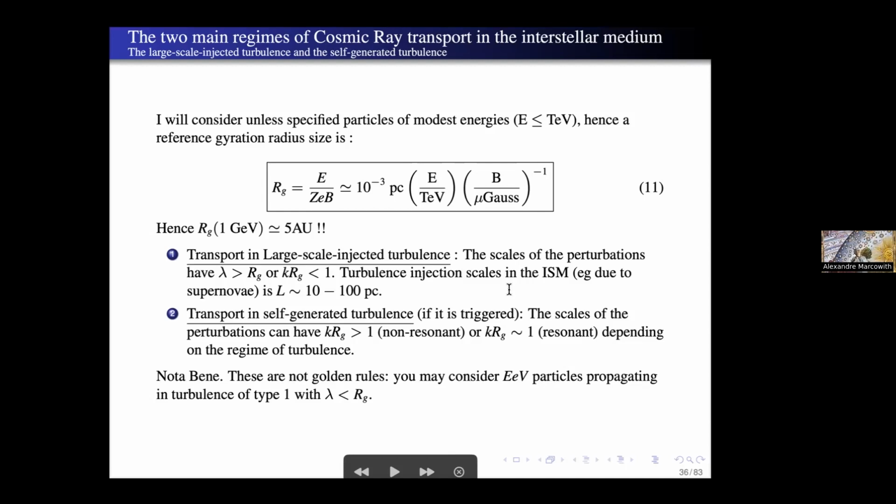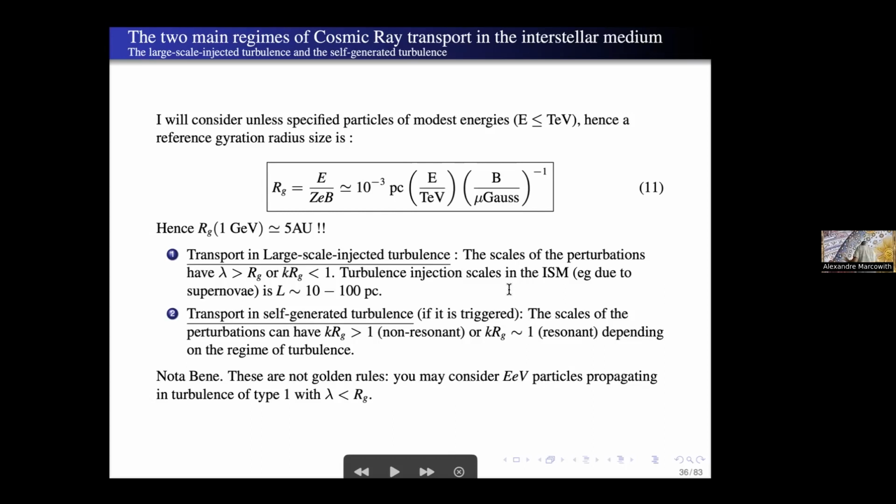But GeV cosmic rays have a Larmor radius, in 1 microgauss, of about 5 AU. This is very, very small at the interstellar medium scale. So the tricky part is to have fluctuations at this scale. It's not obvious in the mean interstellar medium. You have two types of turbulence.